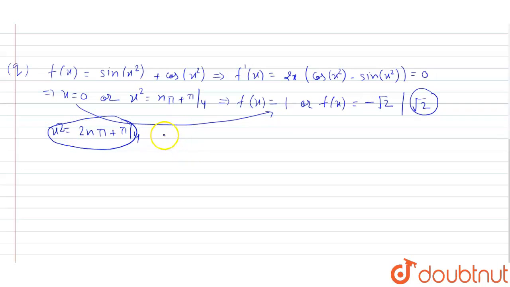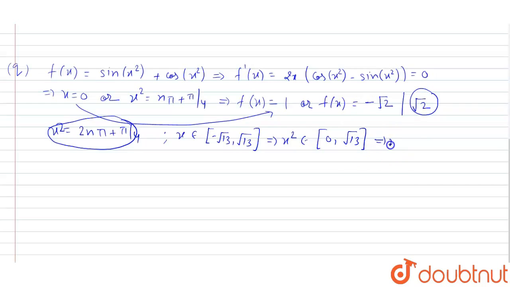As we know that the interval of x is given as minus √13 to plus √13, the value of x square according to this interval would be 0 to √13, and in 0 to √13, how many values of 2nπ plus π/4 will occur? One is π/4 and the other one is 2π plus π/4. Two values, π/4 and 2π plus π/4.